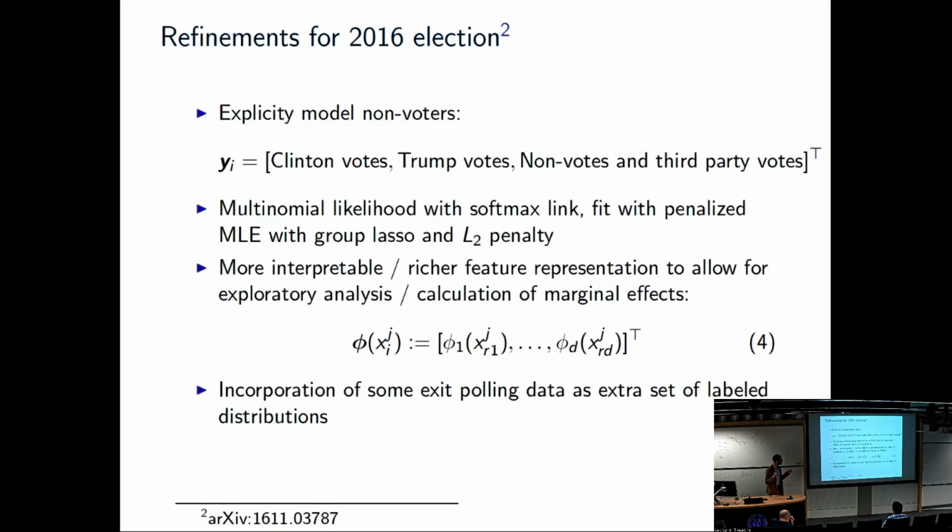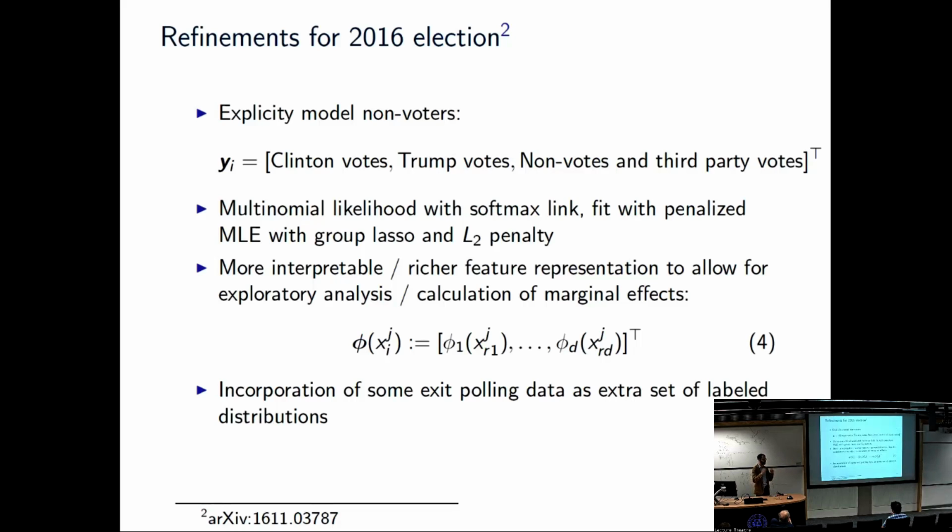And this was a bit of a hack. This is a bit questionable. So we have some amount of data, which is exit polling data, which we do believe to some extent. That data could help us not answer the questions totally, but could help calibrate, could help keep things within reasonable bounds. And so in the end, we decided to include some amount, not very much, of exit polling data at the state level.